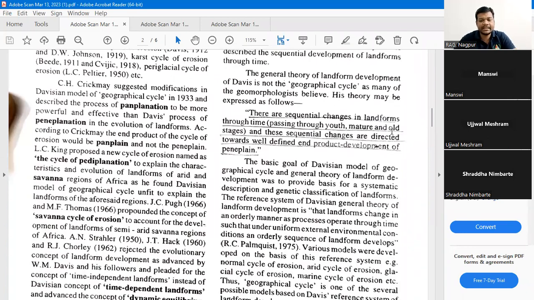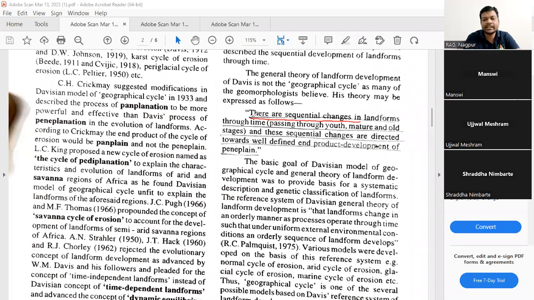So what is his theory all about? There are sequential changes in landforms through time, passing through youth, mature, and old stages, and these sequential changes are directed towards a well-defined end product, the development of a peneplane. The changes should be sequential. This should not be random.